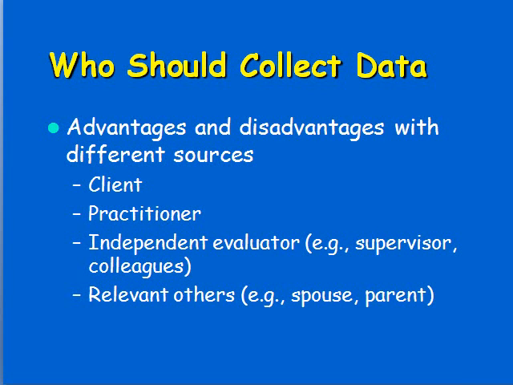Secondly, the data may be biased because of the practitioner's desire to succeed. So the practitioner may fudge the data in a positive direction because they want to feel, if my clients succeed, then I'm successful. So practitioners have to be aware of that and try to be as objective as possible.